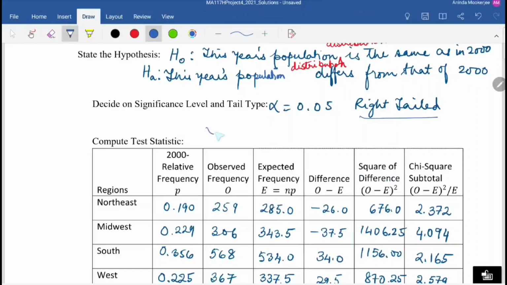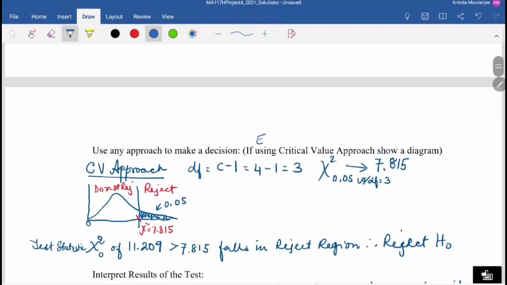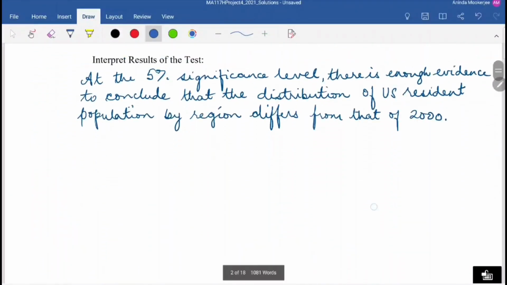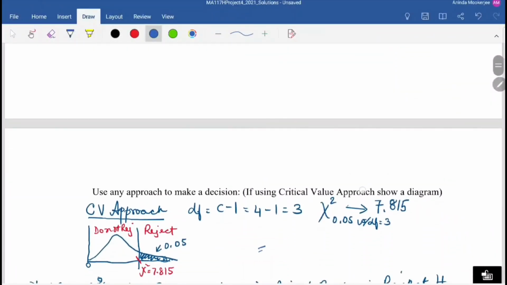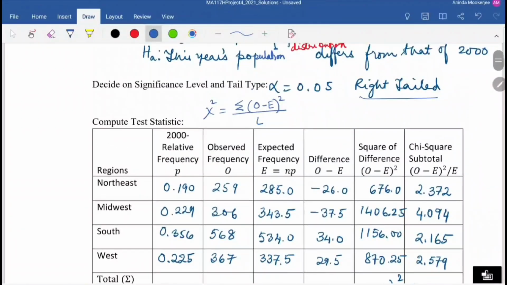So the formula for chi-squared is sigma of (O minus E) whole squared divided by E. All right, so I have it written down somewhere. Hold on.